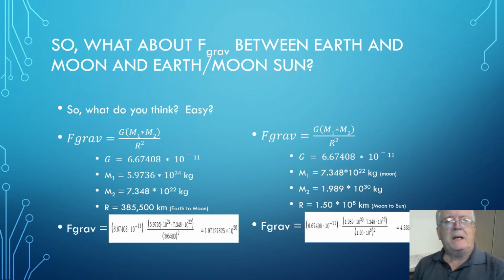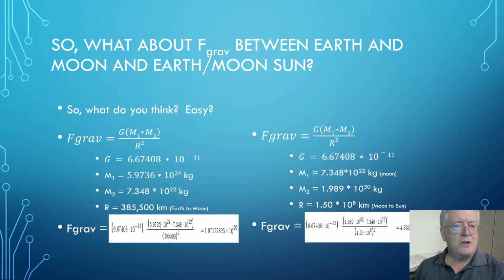So let's think about the force of gravity between the Earth and the Moon, and between the Earth, Moon, and the Sun. So what do you think? Will it be easy? So we take our equation, force of gravity is equal to Big G times M1 times M2 divided by R squared.